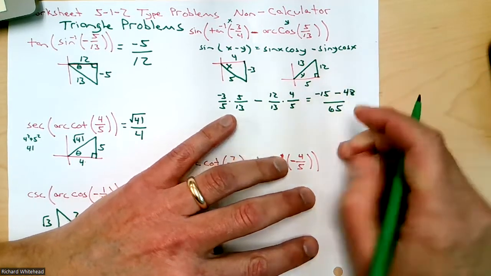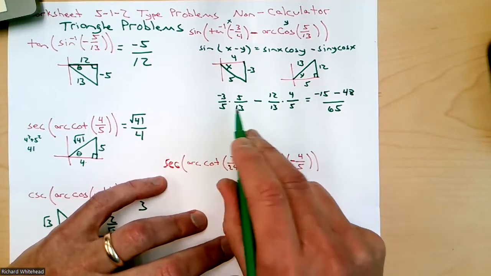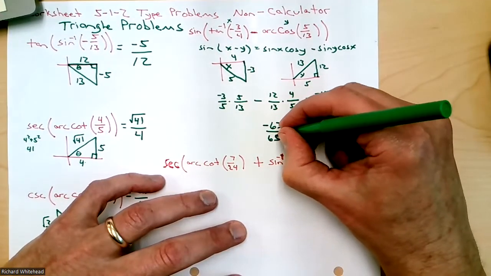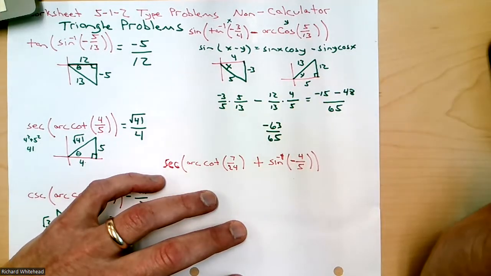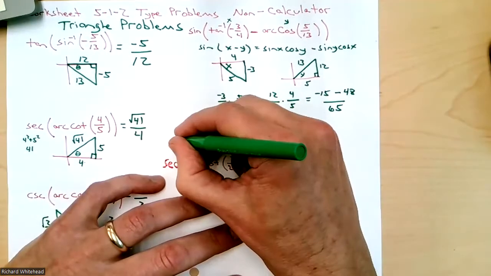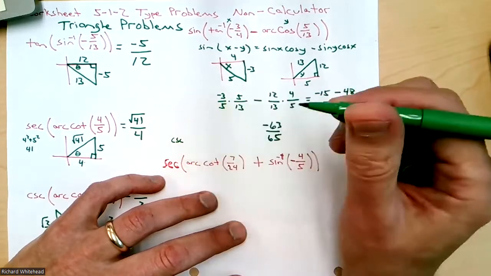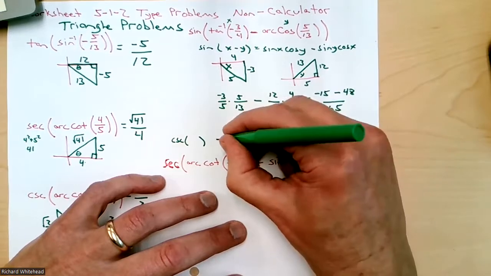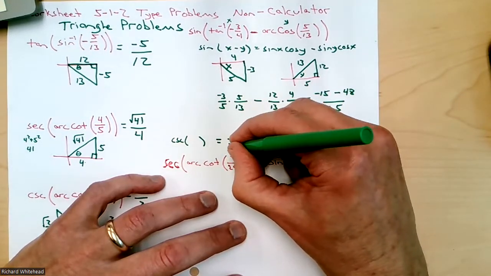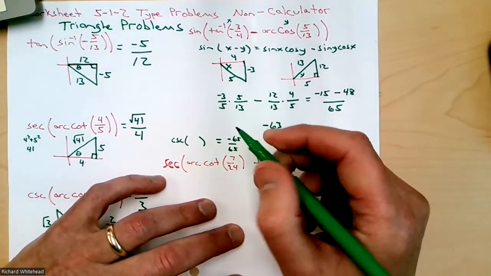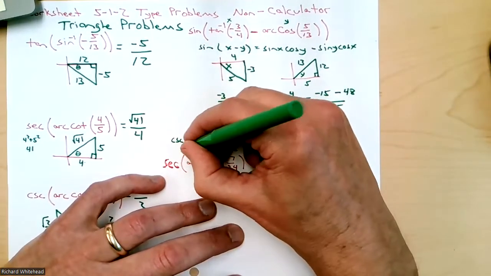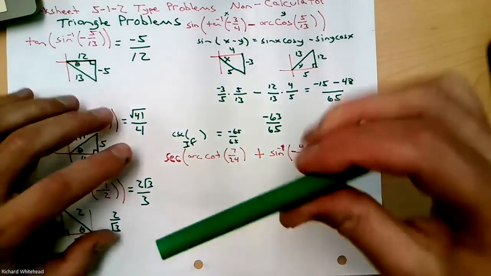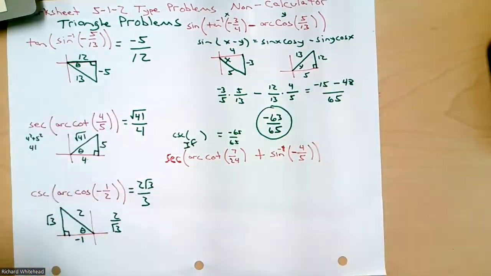And once again, these denominators are the same, just like back in the old days. So we get -63/65. And just for the record, if the original problem had been cosecant, that would have made it -63/65. I probably shouldn't have written that. I don't want to confuse anybody. Sorry, that's the answer.